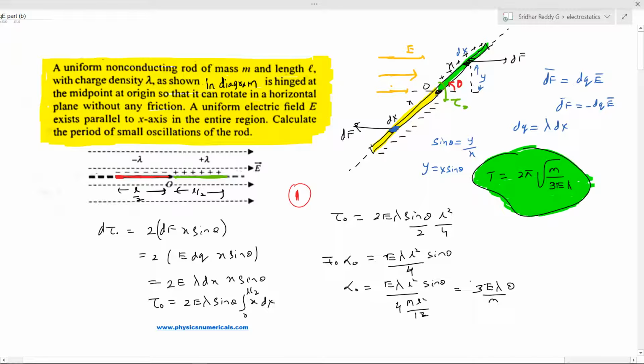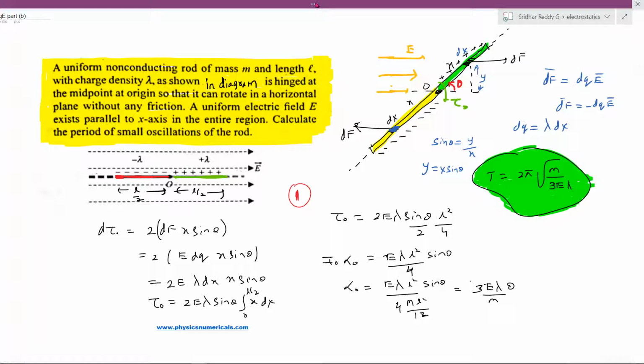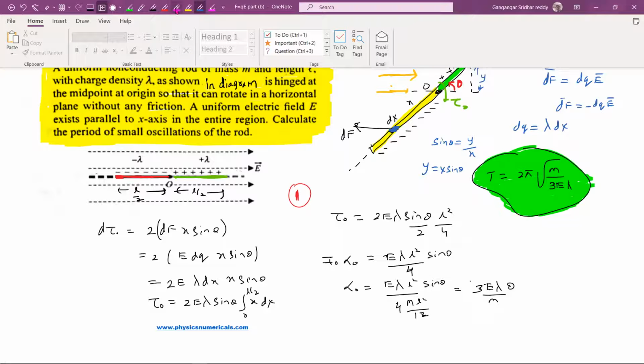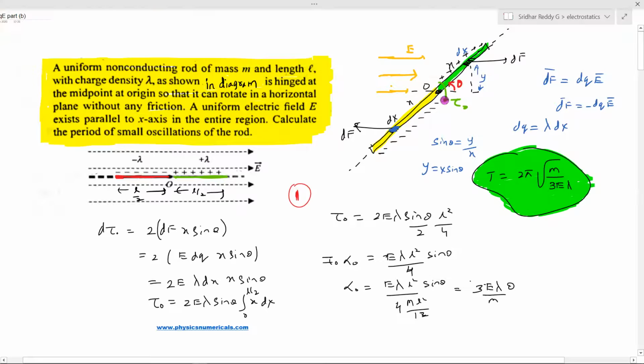Let's see the torque about point O. Both the forces will set up a torque. dF into y will be clockwise torque. dF into y, this also has distance y, so dF into y will again be clockwise. So the net torque, and what is y further? x sine theta. So how come I am writing directly?